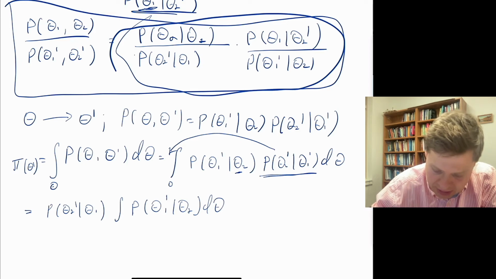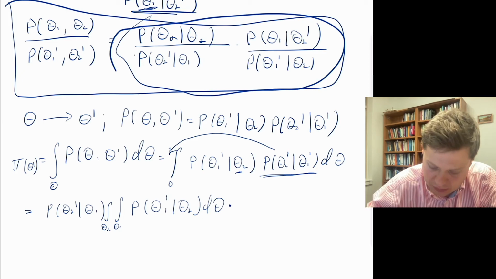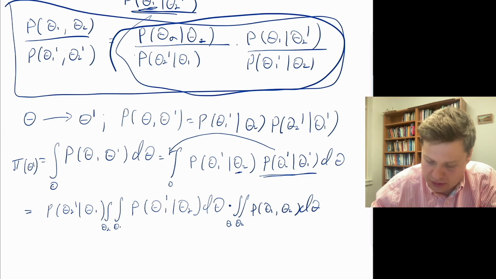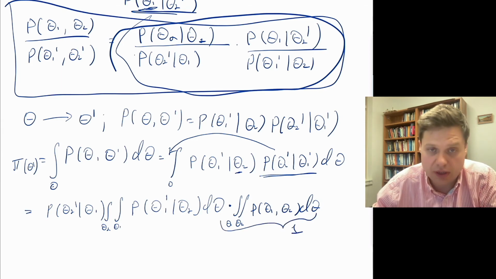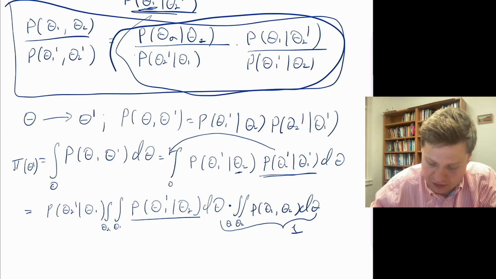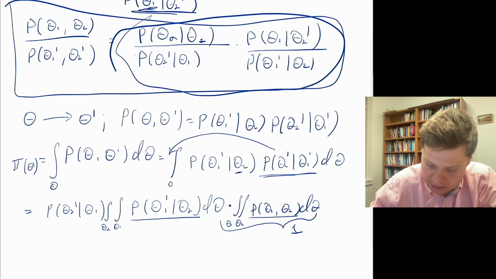And then essentially it's a double integral, right? So integral over theta 1 and integral over theta 2. And what we're going to do here is multiply it by the integral over theta 1 and theta 2 of p of theta 1, theta 2, d theta. So this one just equals 1 because that's a probability function. And so you can combine those two integrals, so you're just going to have a product of this density and this density under this double integral.